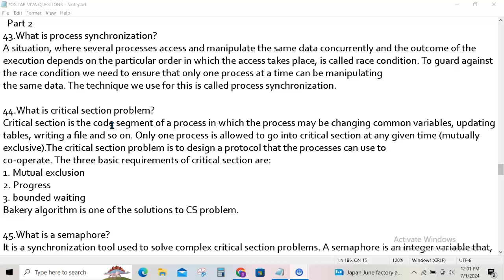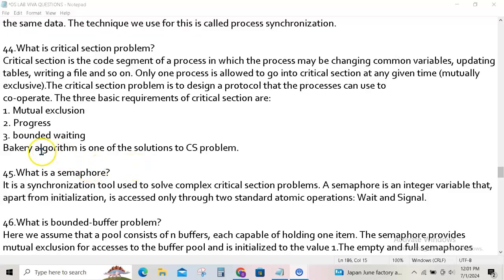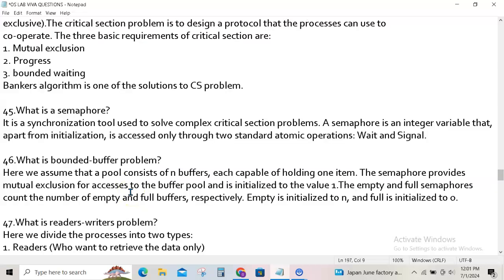For any critical section, there are three basic requirements: mutual exclusion, progress, and bounded waiting. One of the solutions to the critical section problem is Banker's algorithm.